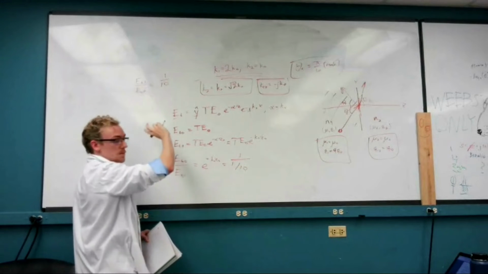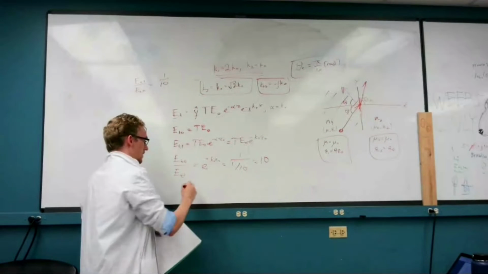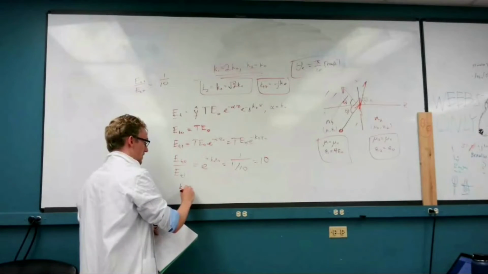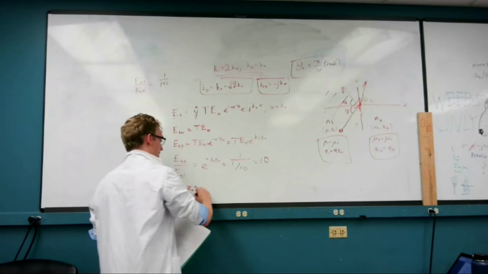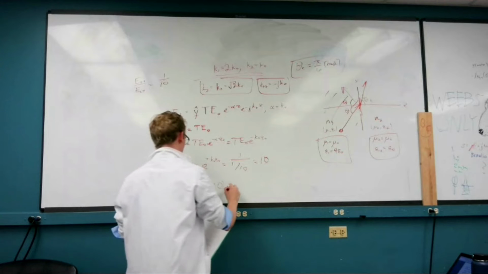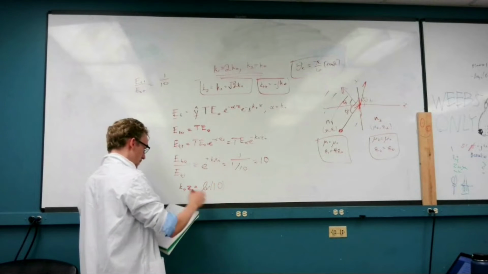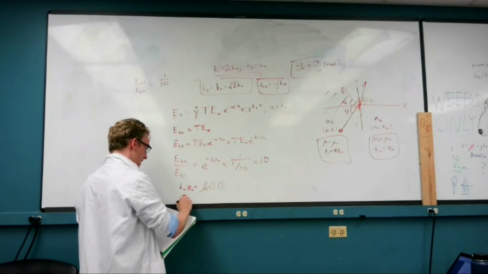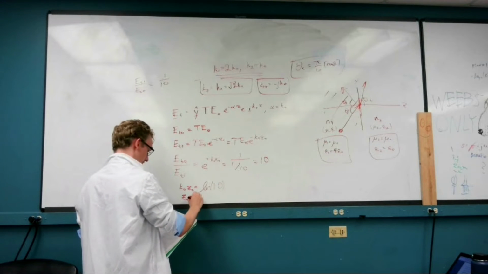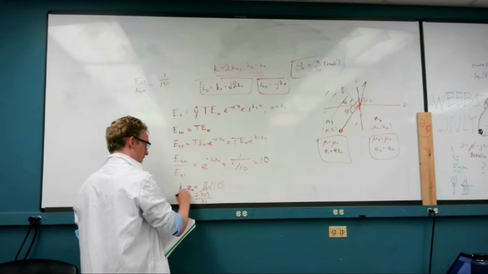This is flipped, which is 10. Now our k naught z naught is equal to the natural log of 10. And then at that point, it's just a matter of computing this number, flipping around, and finding z naught, which is equal to roughly 2.303 divided by k naught.